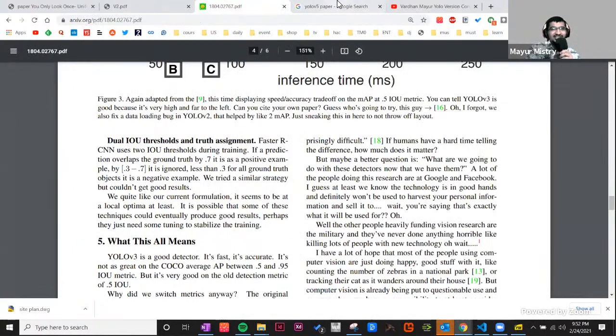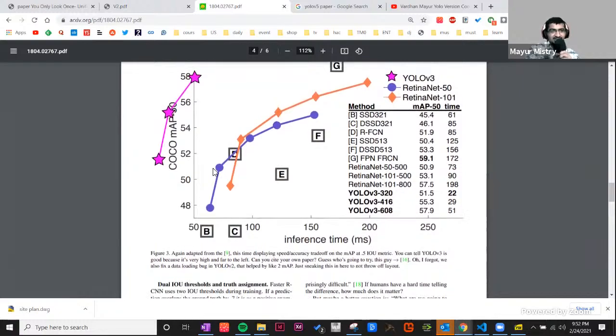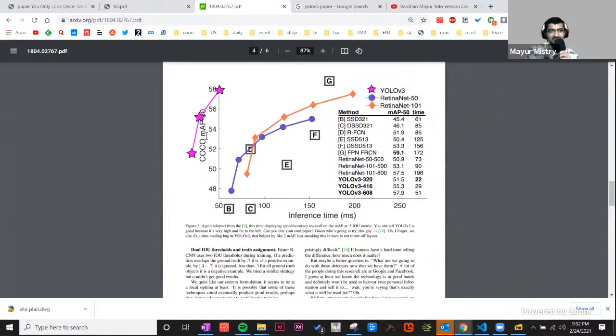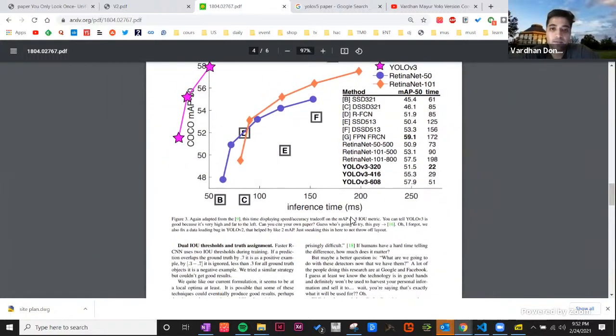I was wondering, until V3 they were reporting mAP, and suddenly in V4 they were reporting just AP. I think they addressed this change from mAP to AP in their V4 paper, and you can maybe go to that section if you want.